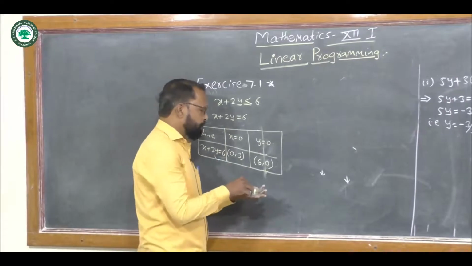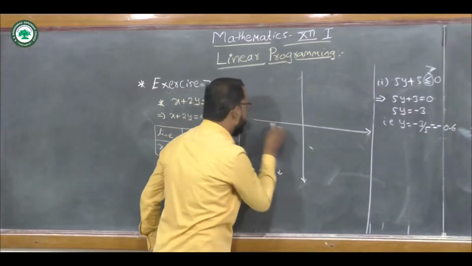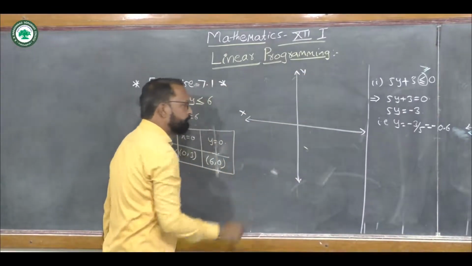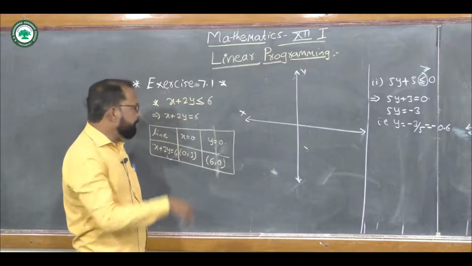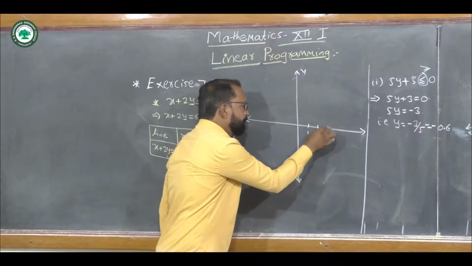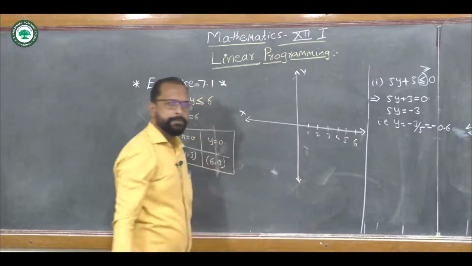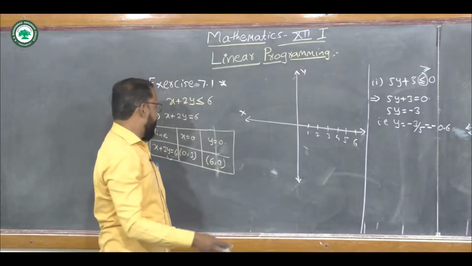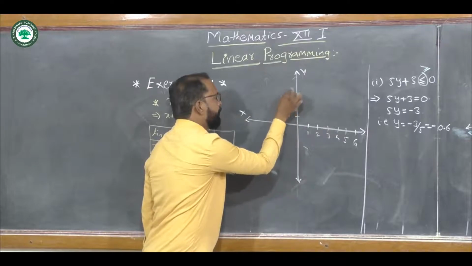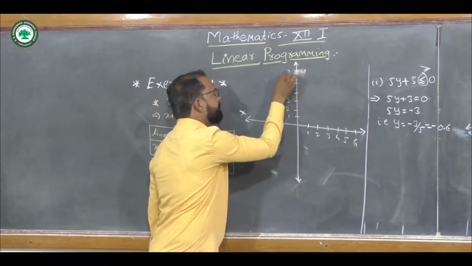To draw this graph, suppose this is the coordinate system, this is the x-axis, this is the y-axis. Suppose on the x-axis we mark 1, 2, 3, 4, 5 and 6, and on the y-axis 1, 2, 3, 4, 5.